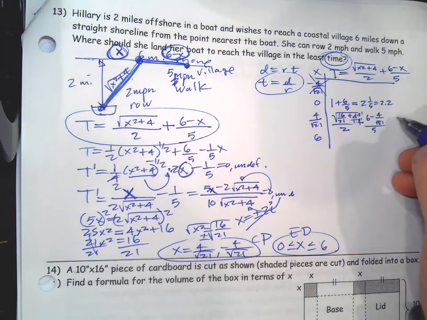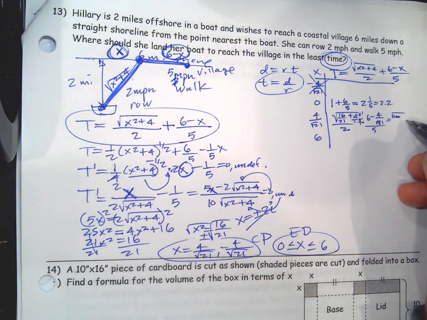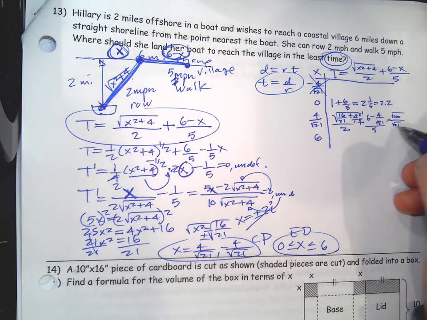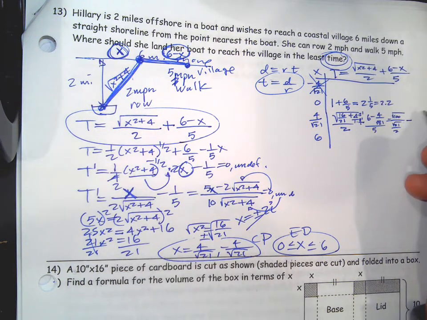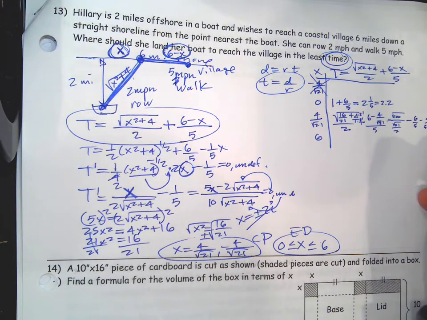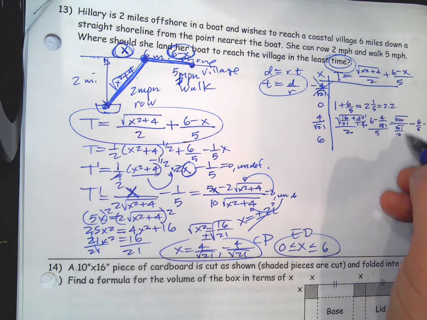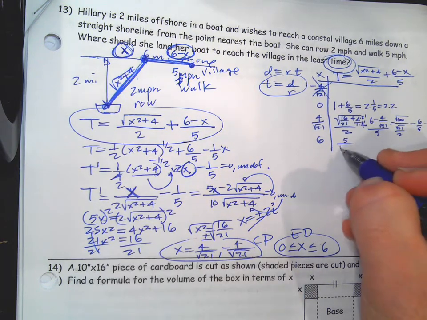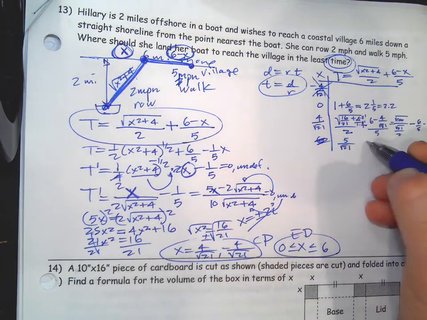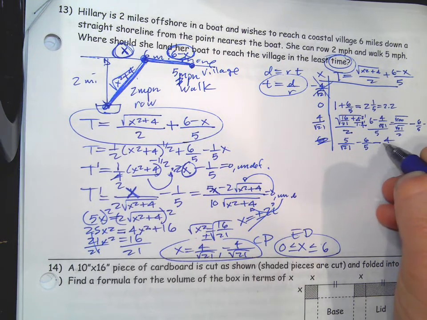Ooh, it's going to be the square root of 100 over the square root of 21, over 2. This is ugly. So that's going to be 10 divided by 2 is 5. So you get 5 over the square root of 21, plus 6/5 minus 4 over 5 square root of 21.